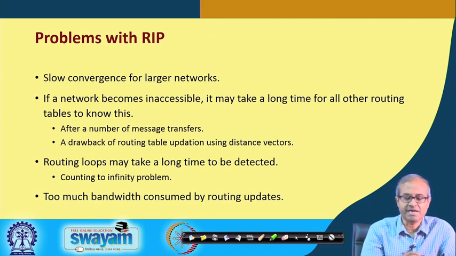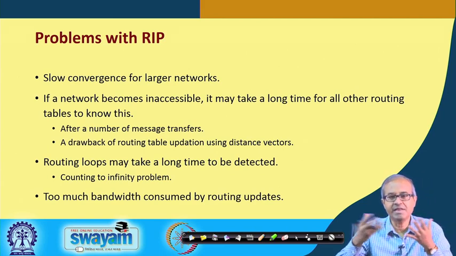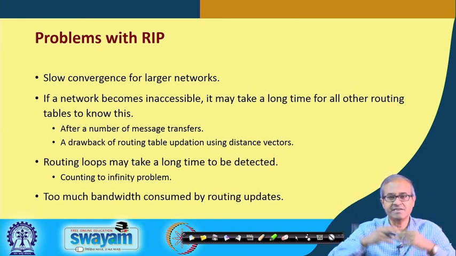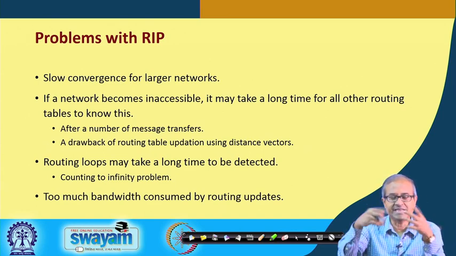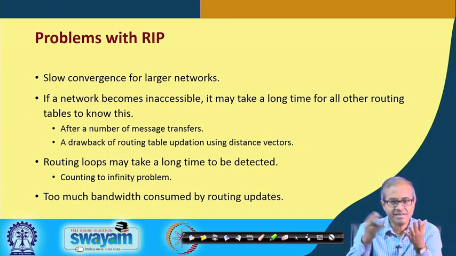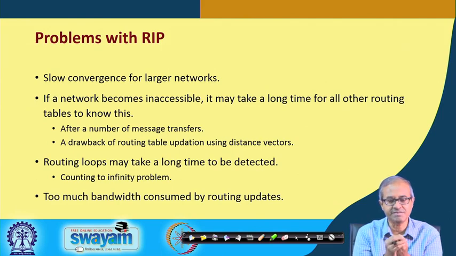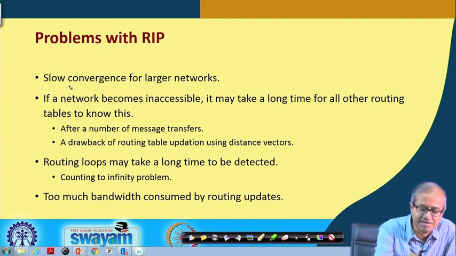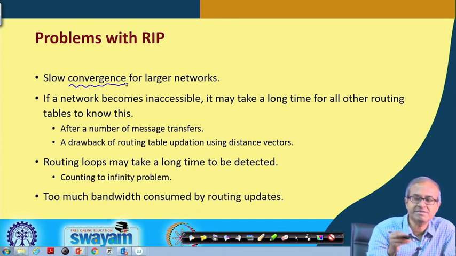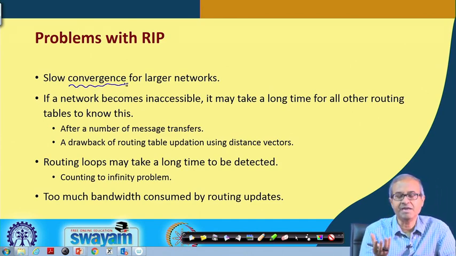One drawback is the way the routing tables are updated using distance vectors. Once distance vectors are shared, something will change. That change again will be shared, and that will trigger some more change. So, this leads to something called convergence in the routing table, which at times is very slow.